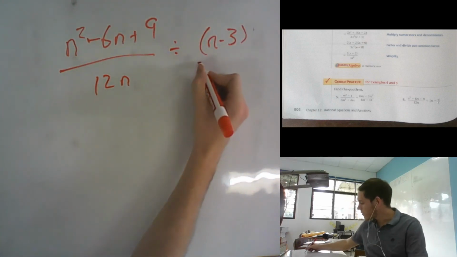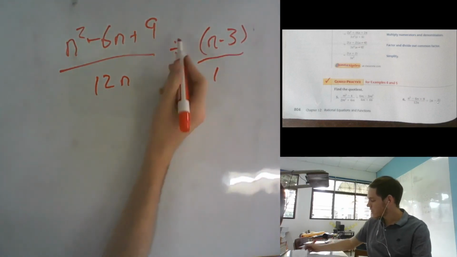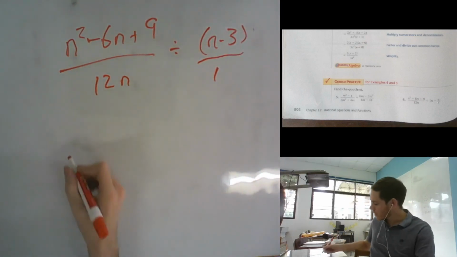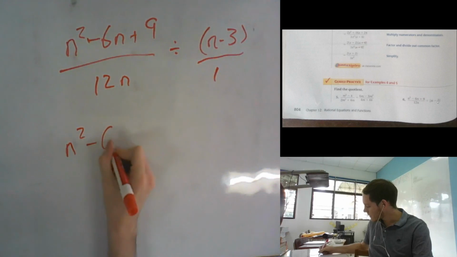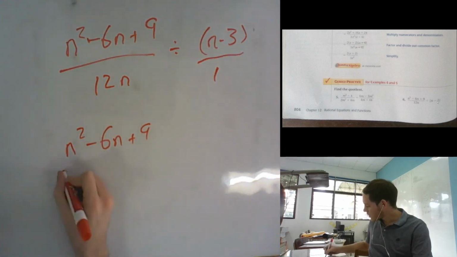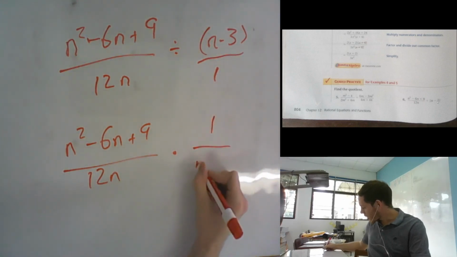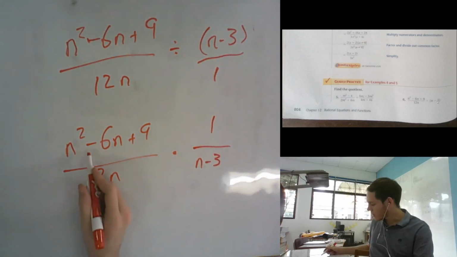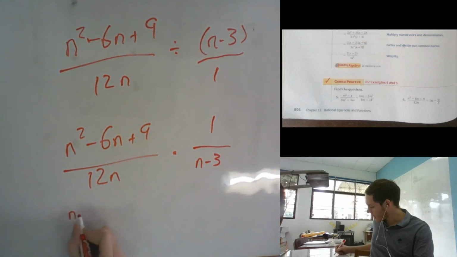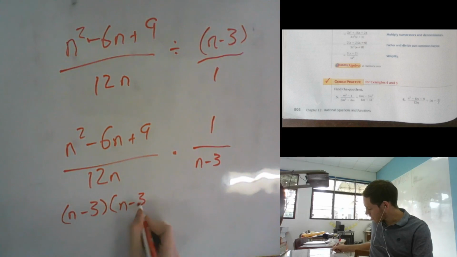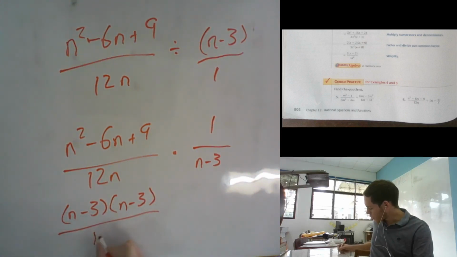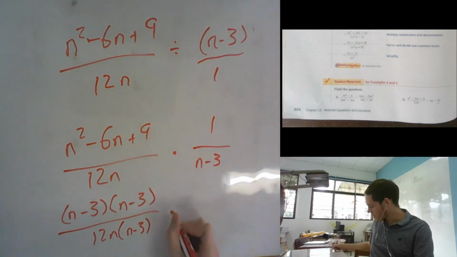So what we do is we first write it as a fraction, then when we divide, we multiply by the reciprocal, so n squared minus 6n plus 9 over 12n times 1 over n minus 3. Now we can factor this, so we get n minus 3 times n minus 3 over 12n times n minus 3. I just combine this because it's the same.